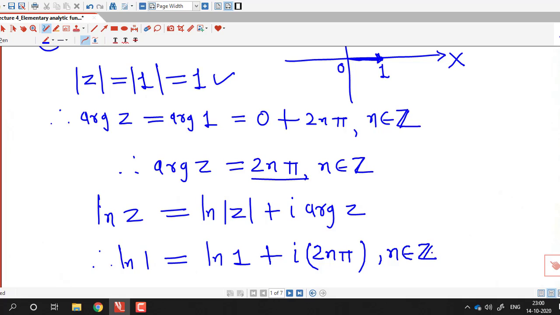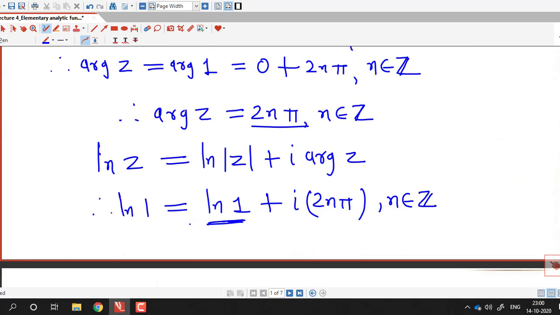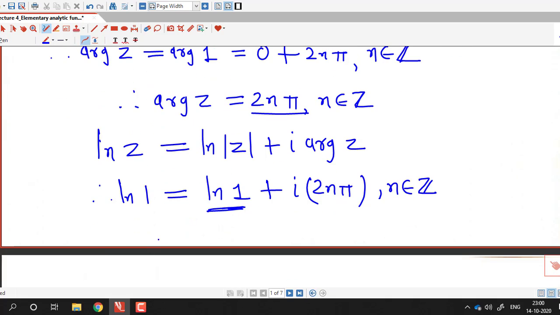n belongs to Z. Now this is the natural logarithm of 1 as a real number, so it is a real logarithm, and we know that the real logarithm of 1 is 0.